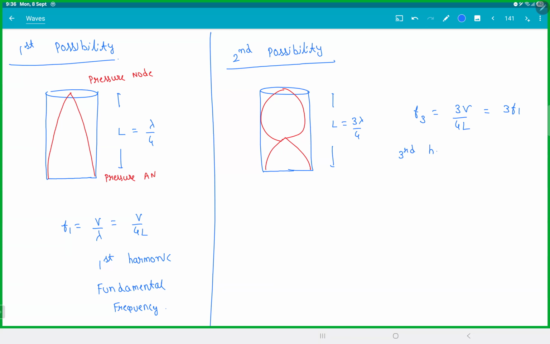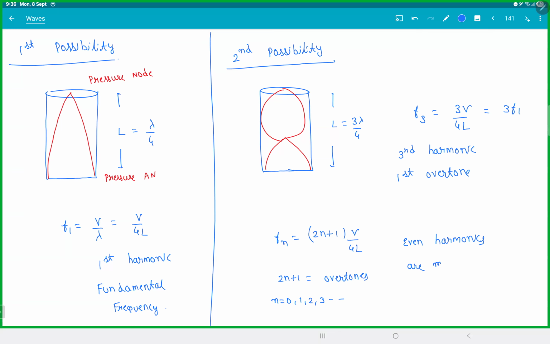Like I said, everything will look the same. If you ask me, the only difference is the speed of sound formula is different.